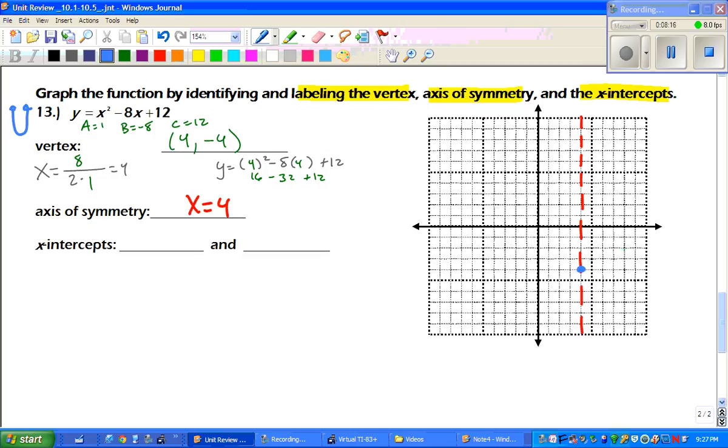So let's see. We did the vertex. We did the axis of symmetry. Now we're going to find the x-intercepts. And to do that, remember that we have our equation 0 equals x squared minus 8x plus 12. We're going to plug in a 0 to solve this.